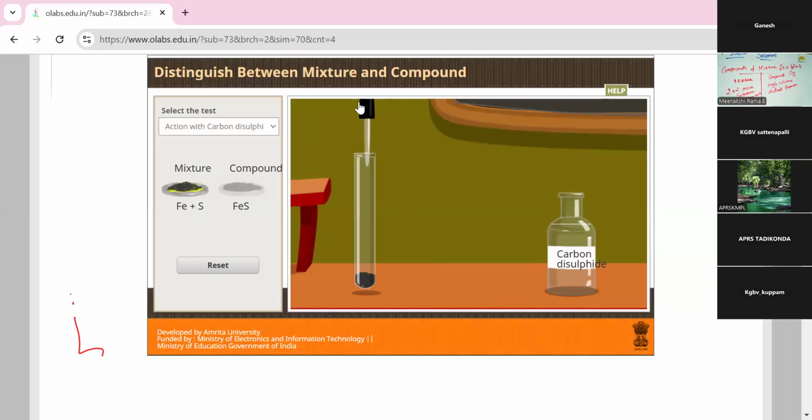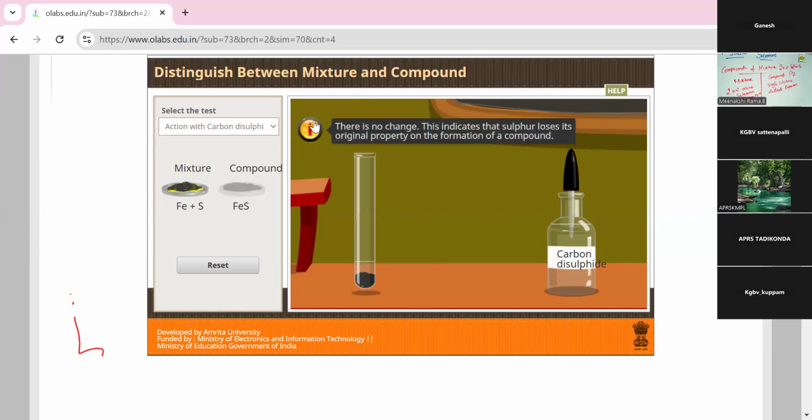FeS, I am adding some carbon disulfide to the test tube. Yes, just shake that test tube. There is no change. So this is the compound. There is no change. This indicates that sulfur loses its original property in the formation of the compound. So this is the confirmation test of compound.